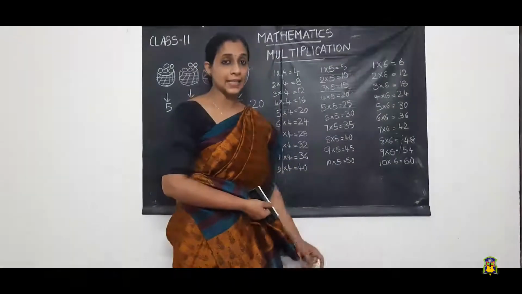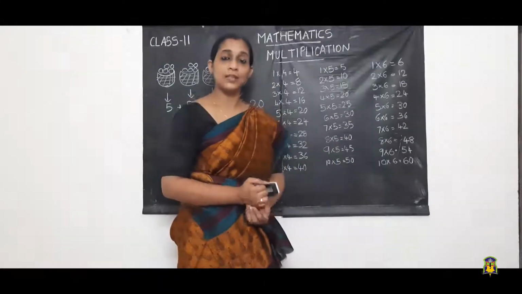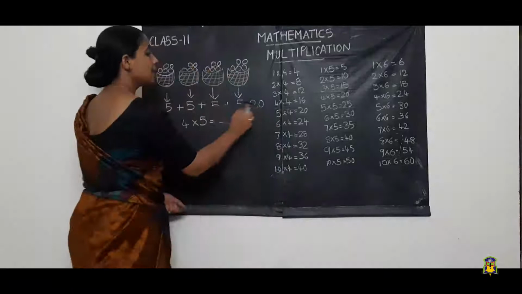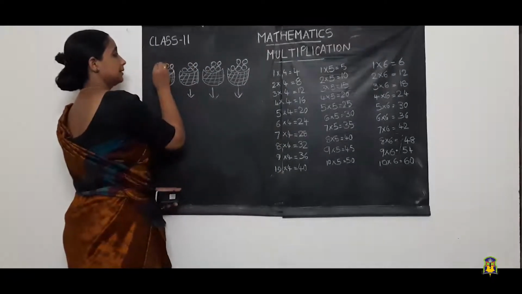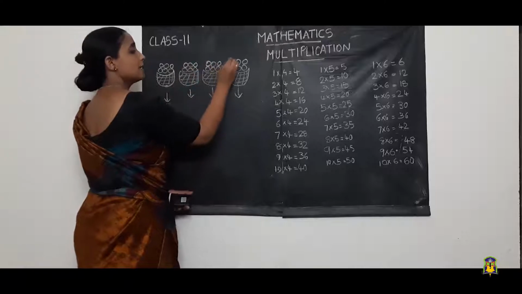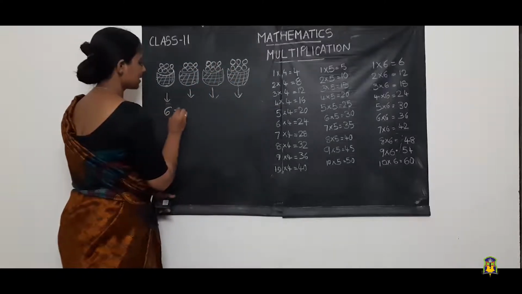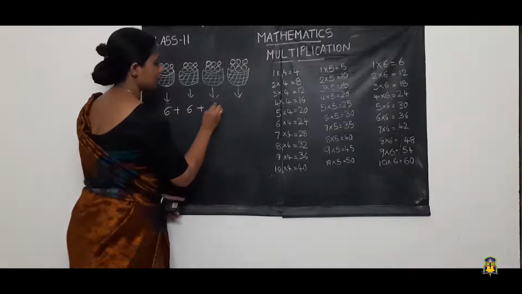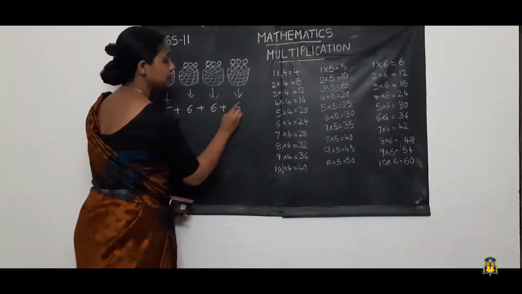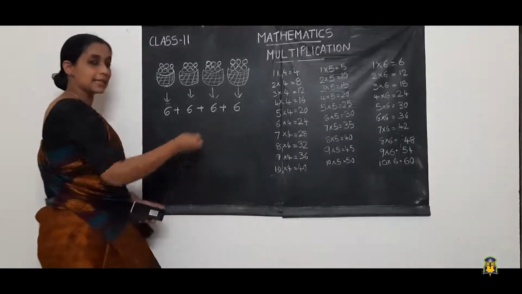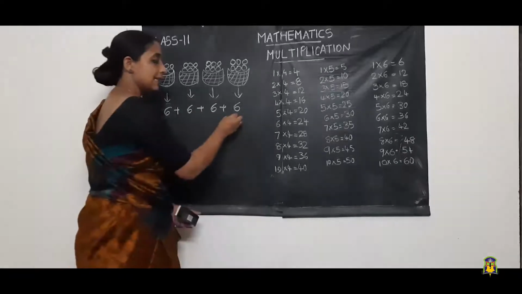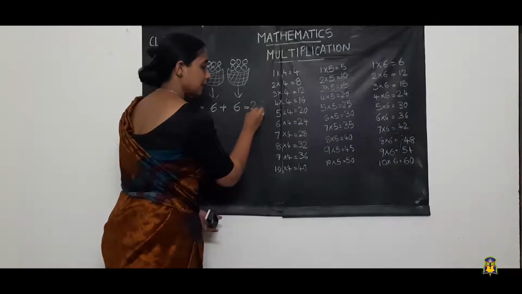Now let us see the table of 6. For that what we have to do? We have to add one more orange in each basket. Now we have 6 oranges in each basket. 6 plus 6 is 12. 12 plus 6 is 18. 18 plus 6 is 24.